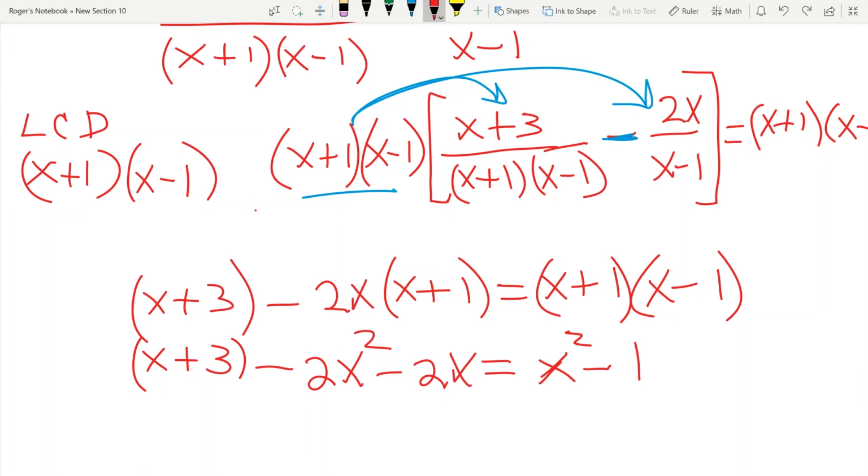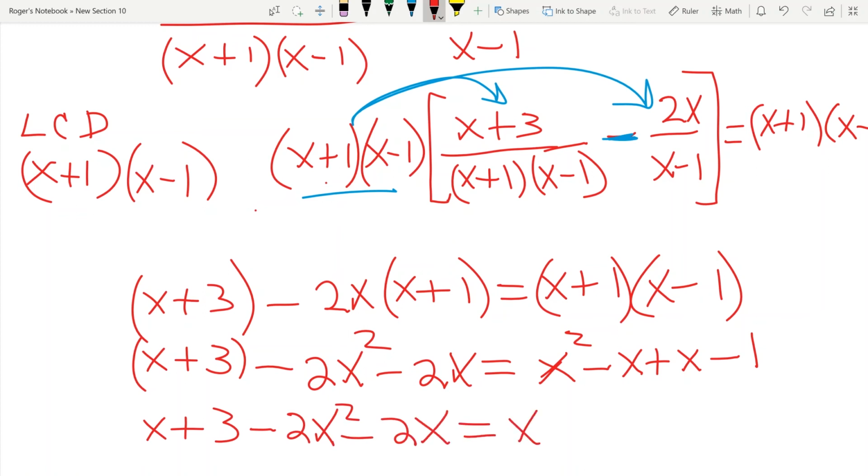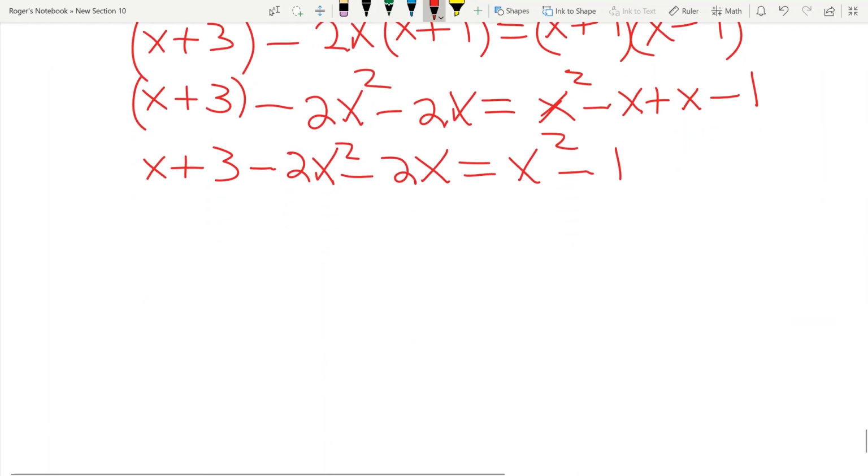Let's make sure that everybody's together. So x squared minus x plus x minus 1. Okay, so x plus 3 minus 2x squared minus 2x equals x squared minus 1.